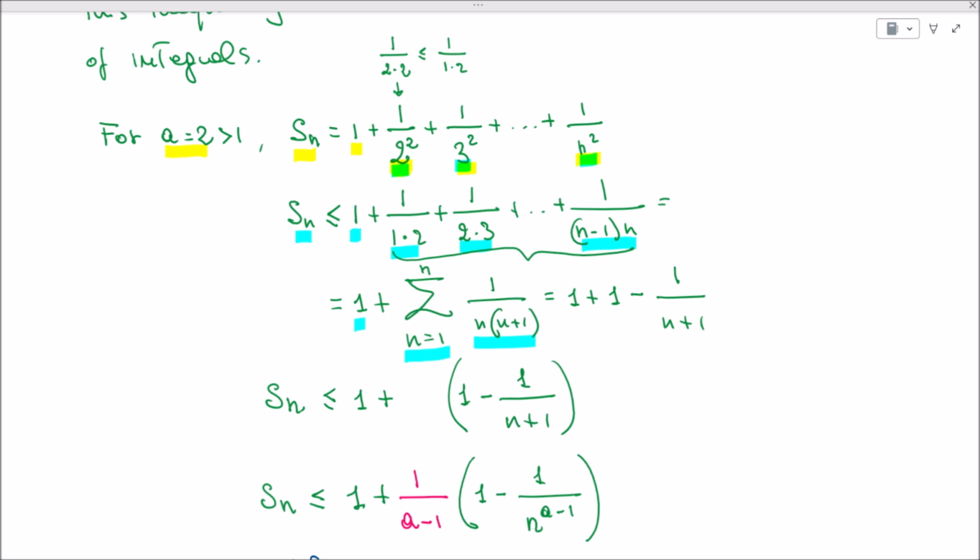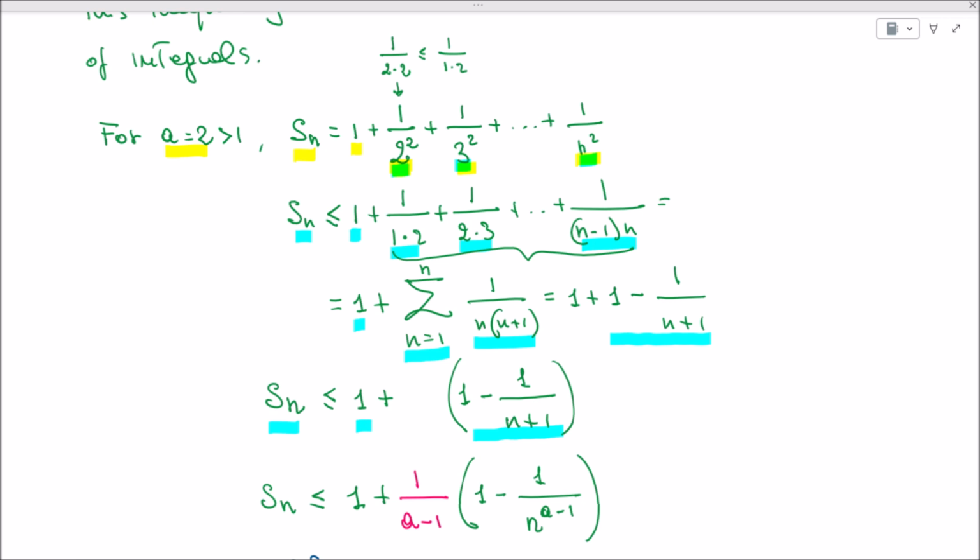We proved that this series, the sum up to n, is equal to 1 minus 1 over n plus 1. So in conclusion, what we just proved for a specific case a equal 2, we have that Sn is less than or equal to 1 plus 1 minus 1 over n plus 1, which is a close relative to the original inequality.